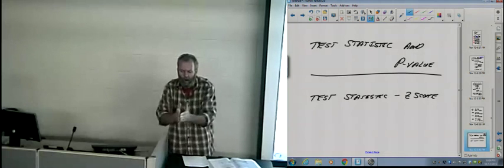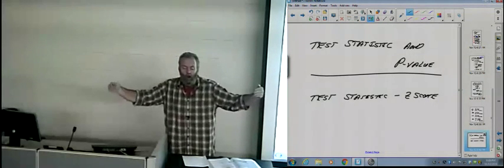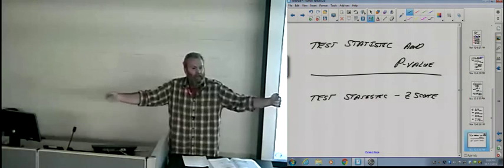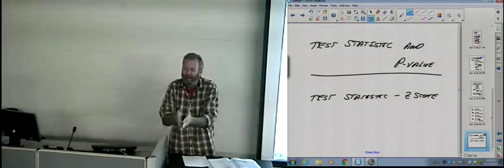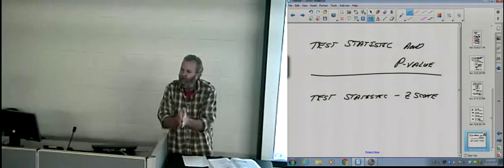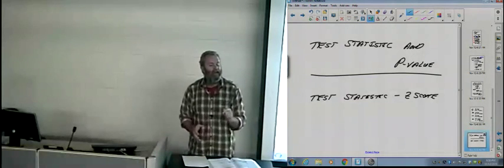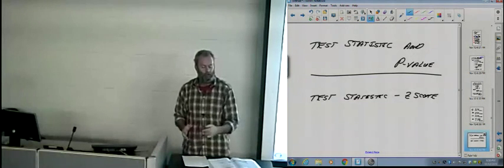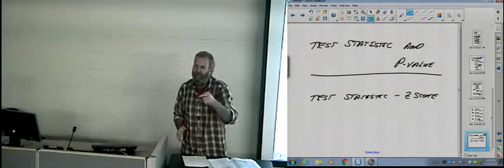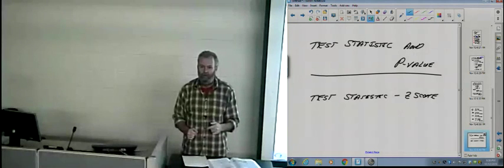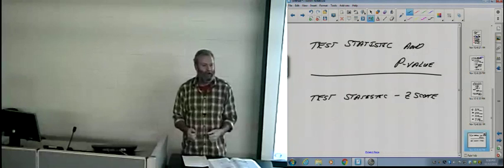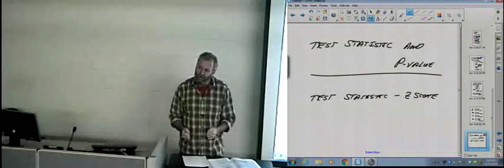The further away from the center you are, the more evidence we have against the null and in favor of the alternative. So when we do a test, we're looking for large z-scores, large values of our test statistic. Why? Now I have evidence for the alternative, which is what we wanted to know.